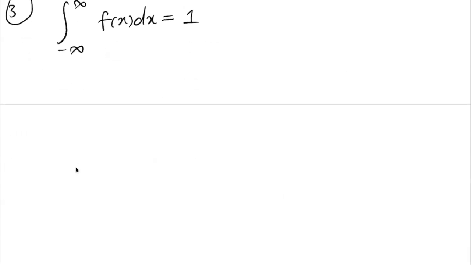And properties of the CDF, like this capital F_X of x function.